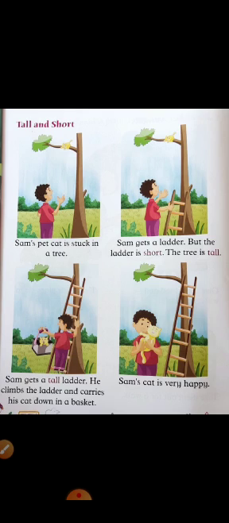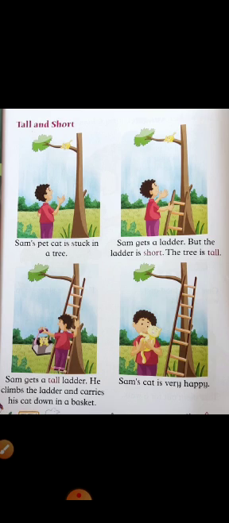So Sam thinks of something. Then he goes and gets a tall ladder. Then he climbs on the ladder and he carries his cat down in a basket. So when the tree was tall and the ladder was short, he couldn't get the cat down.